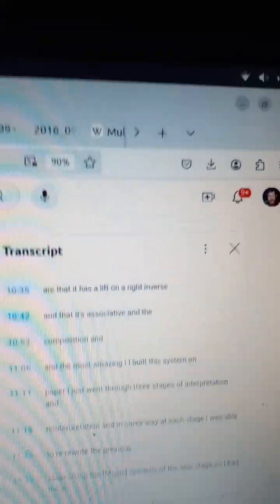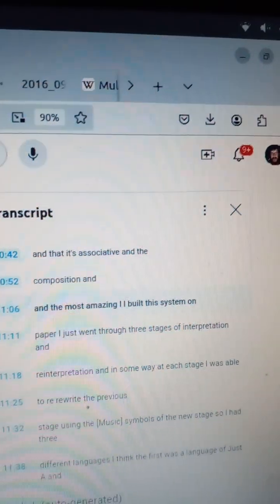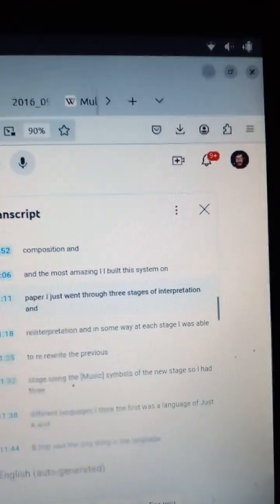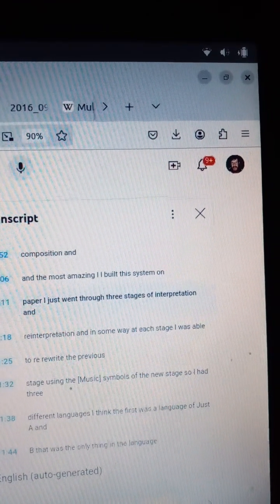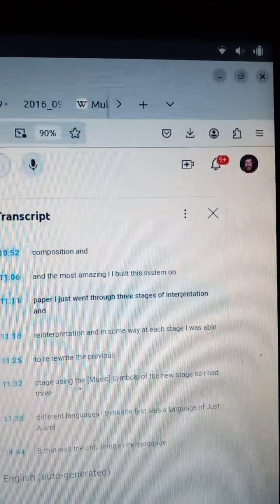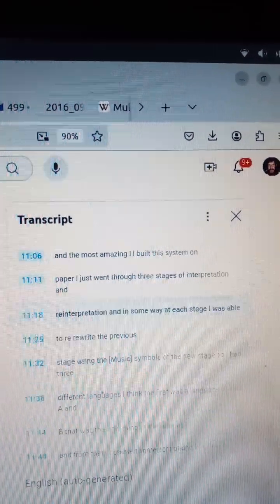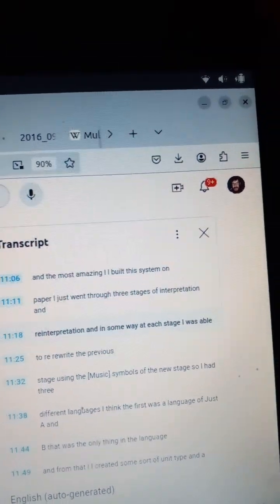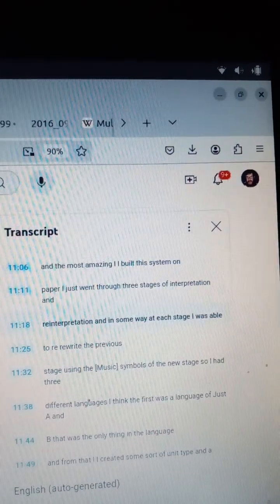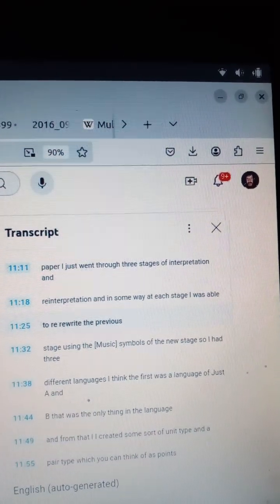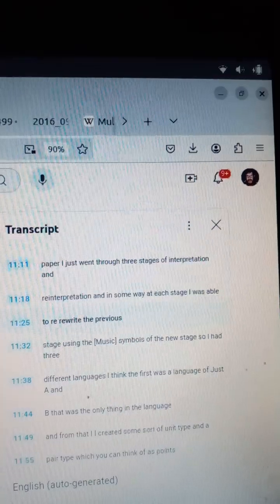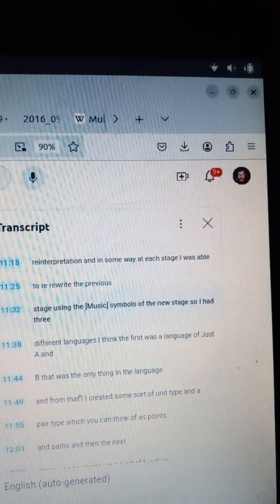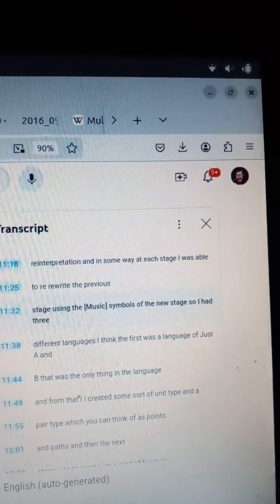Listen for it. And the most amazing thing, I built this system on paper. I just went through 3 stages of interpretation and reinterpretation. And in some way, at each stage, I was able to rewrite the previous stage using the symbols of the new stage.